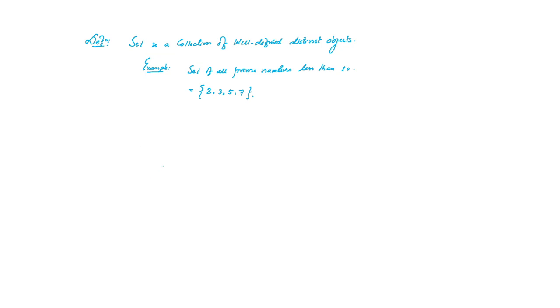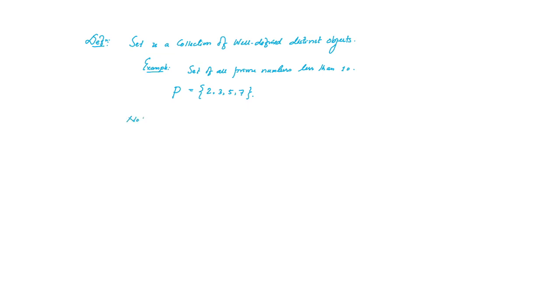Generally, a set can be written with a capital letter. So you can write the set P as the set of all primes p less than 10 in that notation, where 2, 3, 5, 7 are the elements of the set P. Okay. So there are two forms of the set.